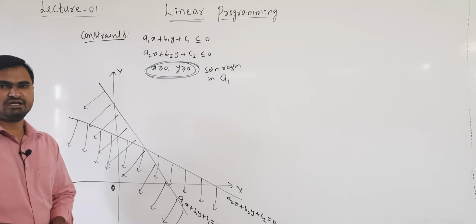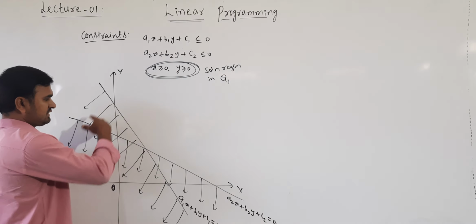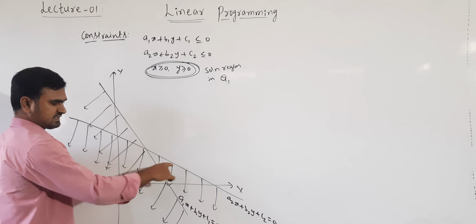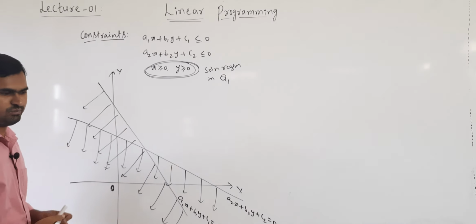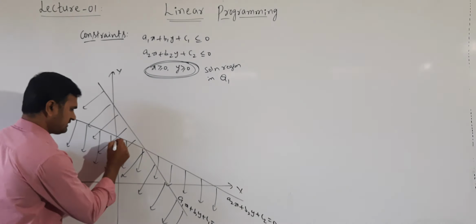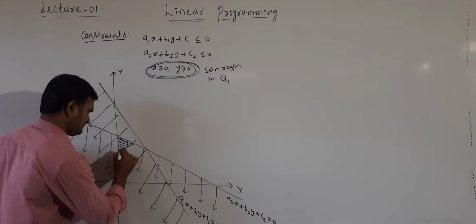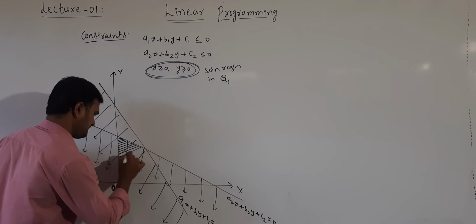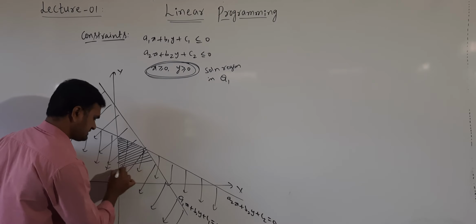Now what region can I take? Observe, below this first line and below this second line and in the first quadrant. We cannot go beyond the first quadrant. So this will be the common region I can take. Clearly you have to understand, this is what we already studied in linear inequalities in first year.